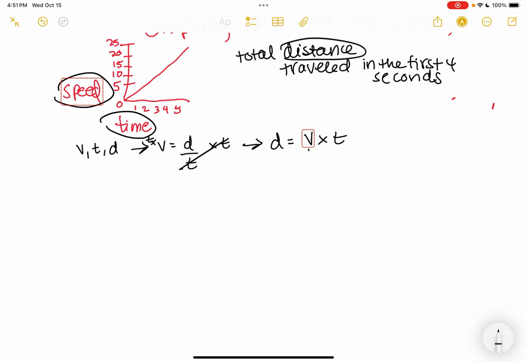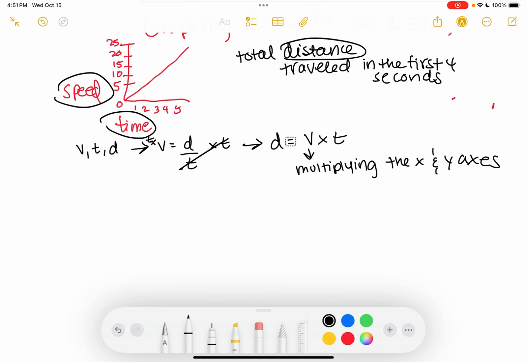Basically what that means is you're multiplying the x and y axes. I just wrote the arrowhead to the wrong thing, but this indicates we're multiplying them.